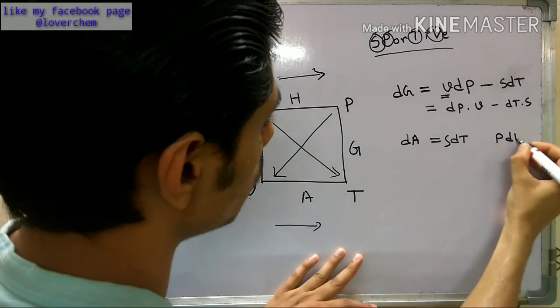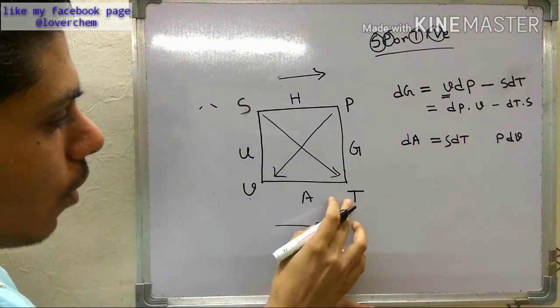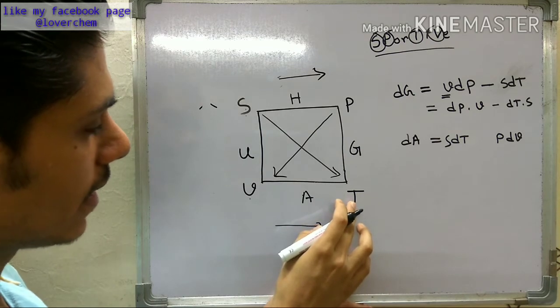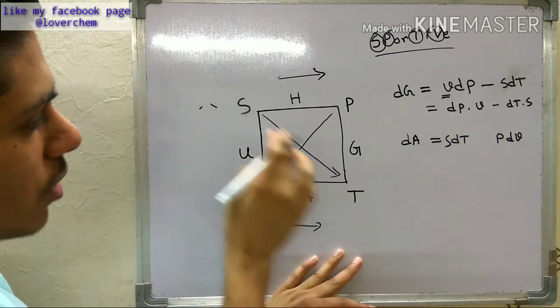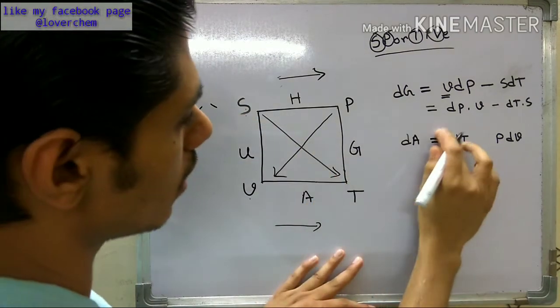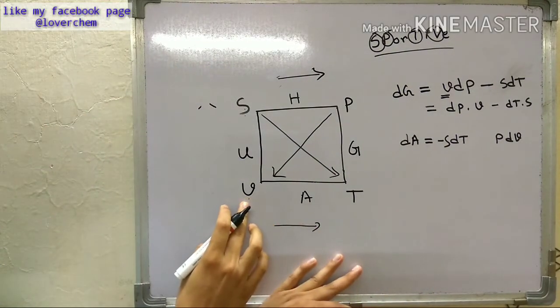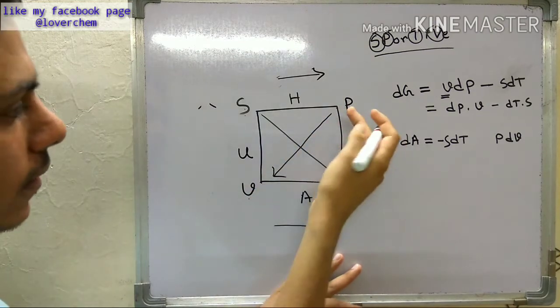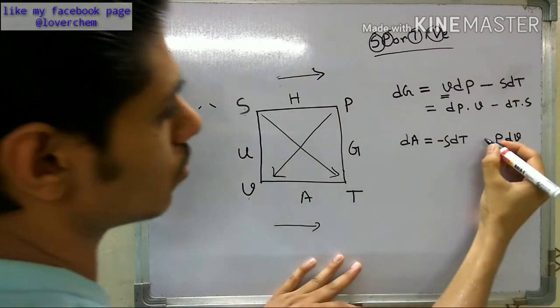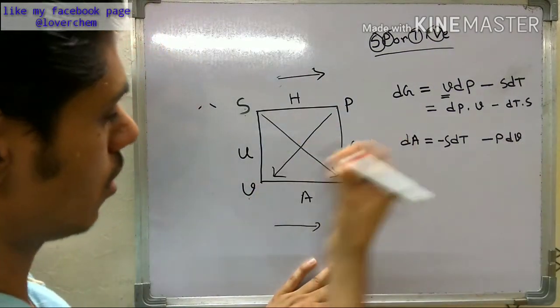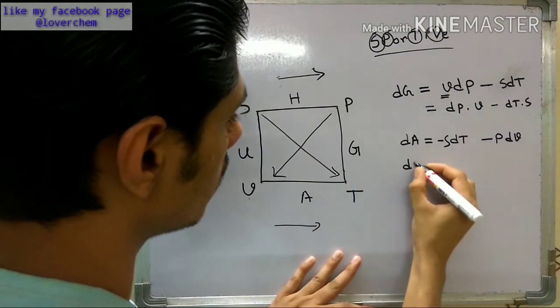Now you can see we are multiplying dt with s, but the arrow is from s to t, that's why here you will have a negative sign. And also here you are multiplying dv with p, but the arrow is from p to v, so here again you will have a negative sign.